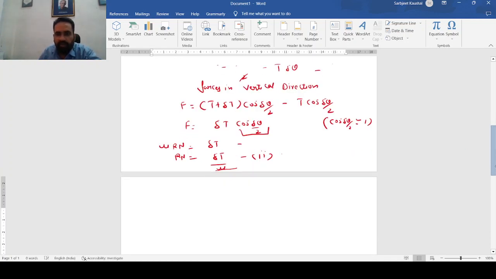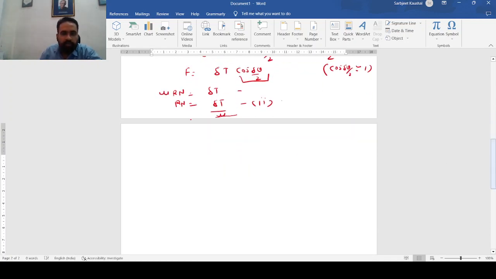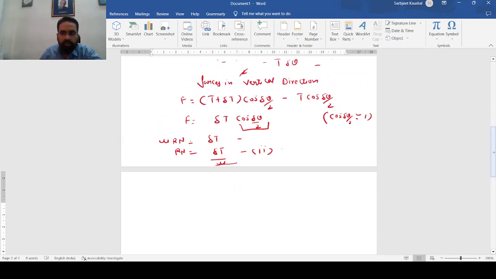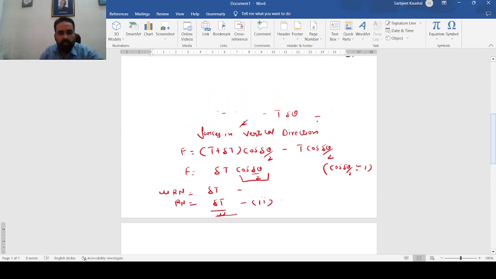So, we have another page. So, we get the value further Rn is equal to T delta theta, and here we have delta T by mu.